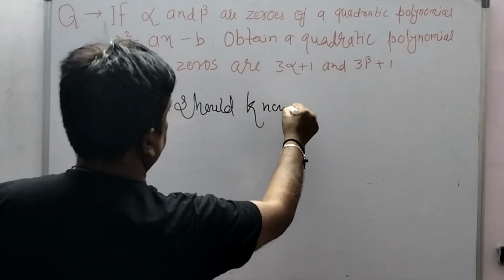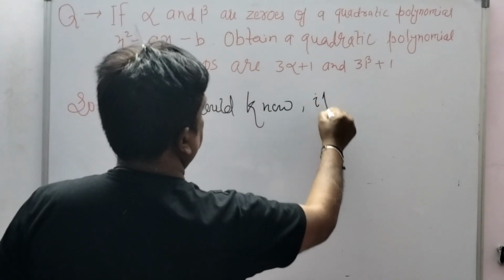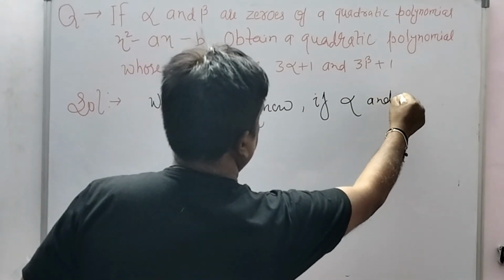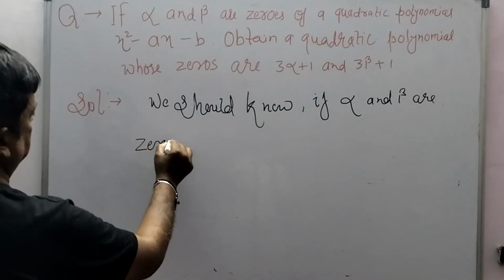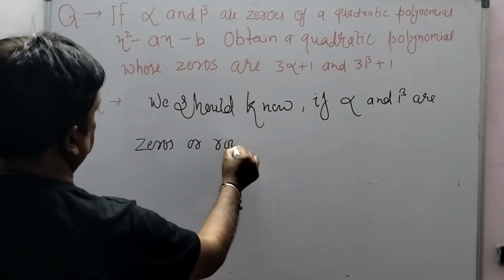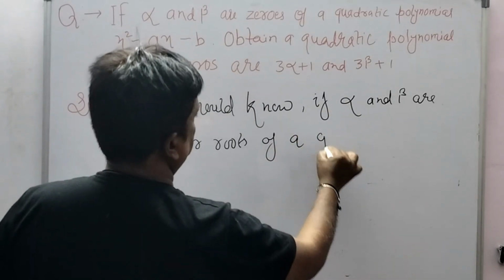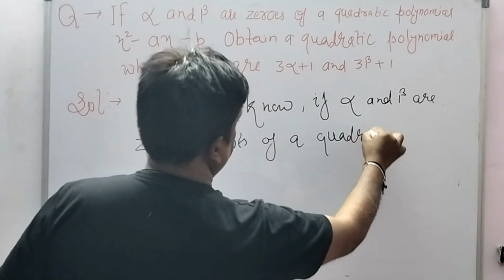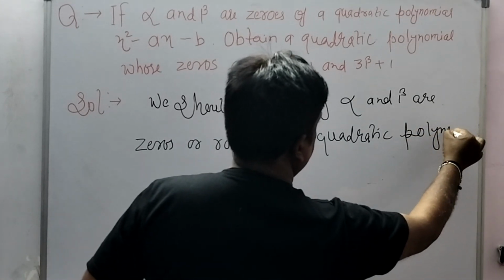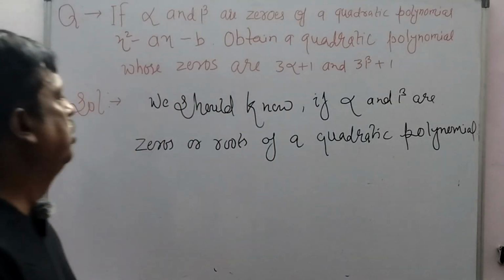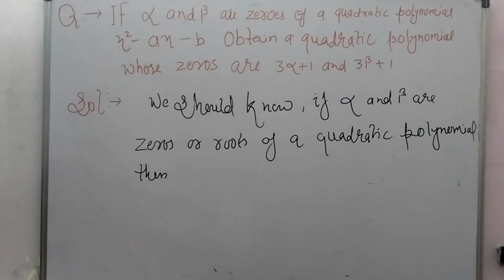what we should know: if alpha and beta are zeros or roots of a quadratic polynomial, then how can we write the polynomial?